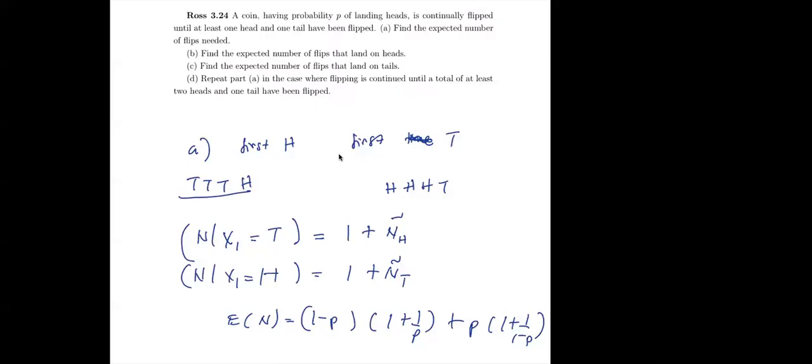Okay. And again, clearly part B somehow is related to part A, correct? Because the number of heads somehow should be related to the total number of flips, because it's a tail and a head.